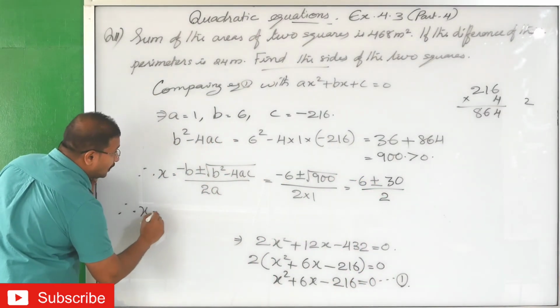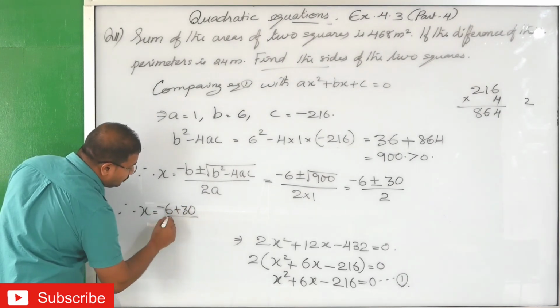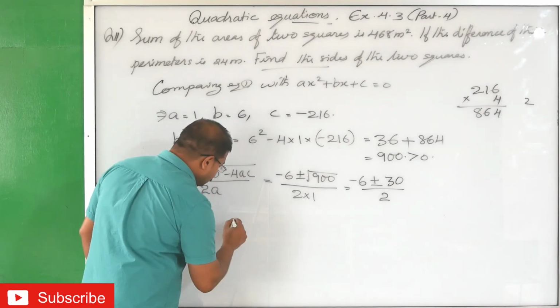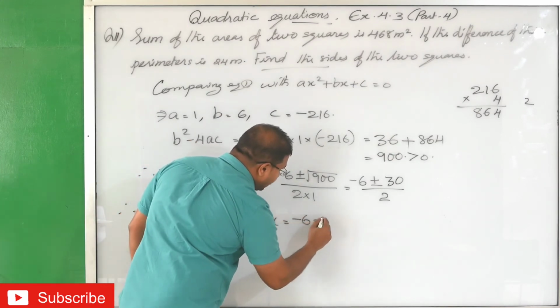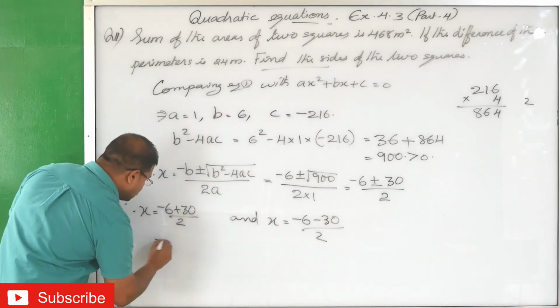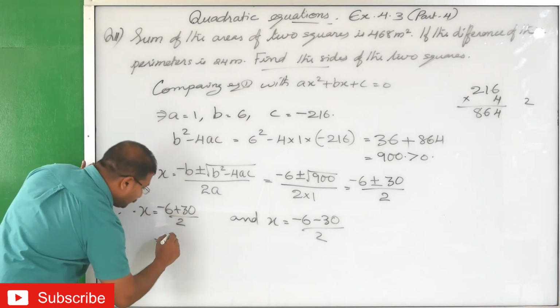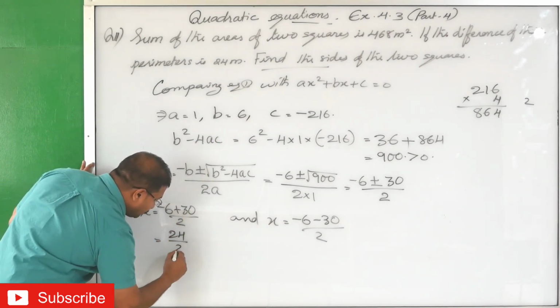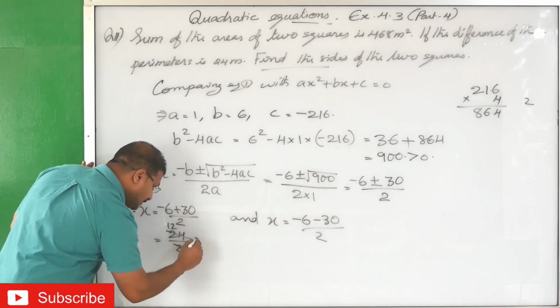Therefore, x equals minus 6 plus 30 by 2, and x equals minus 6 minus 30 by 2. So, 30 minus 6, 24, and 24 by 2 will cancel by 2. 2 ones are 2, 2 twos are 4, that means we'll get 12.